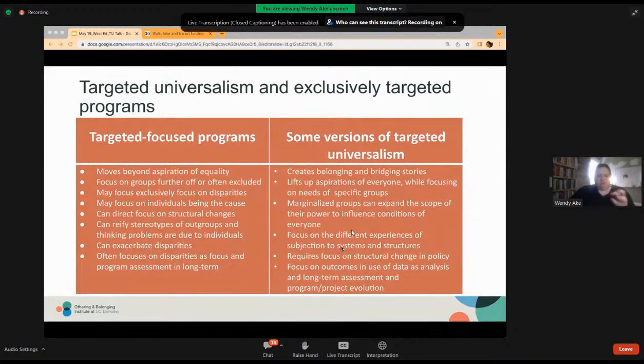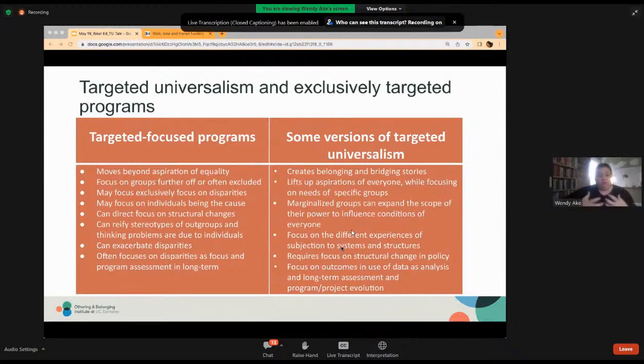Some of the differences we draw out are between programs that are specifically targeted and then versions of what we describe as TU. Sometimes targeted programs will focus on groups farther off and groups that are often excluded. Sometimes targeted programs move beyond expressions of equity.